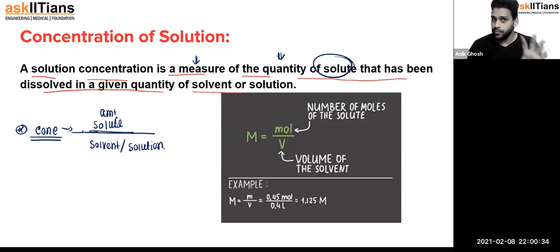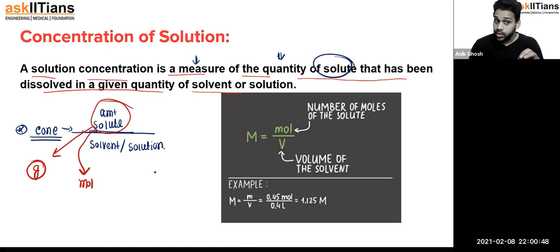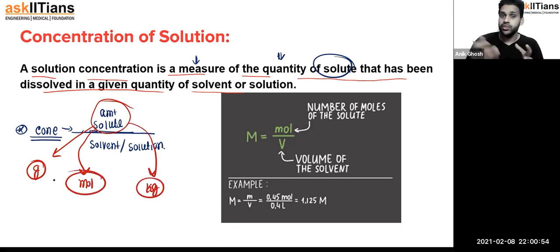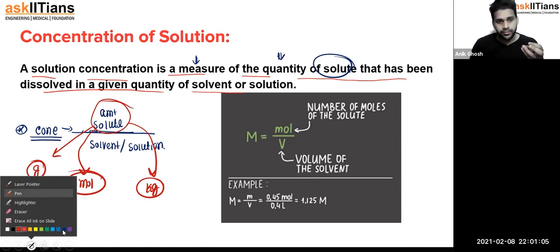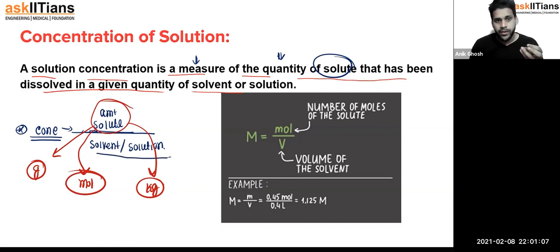The amount of solute can be denoted in so many ways, isn't it? We can denote it in grams, or in moles, or in kg. We can take any of the terms which help us denote an amount. And for the solvent or solution, we can use liters, or kgs, or grams as well.